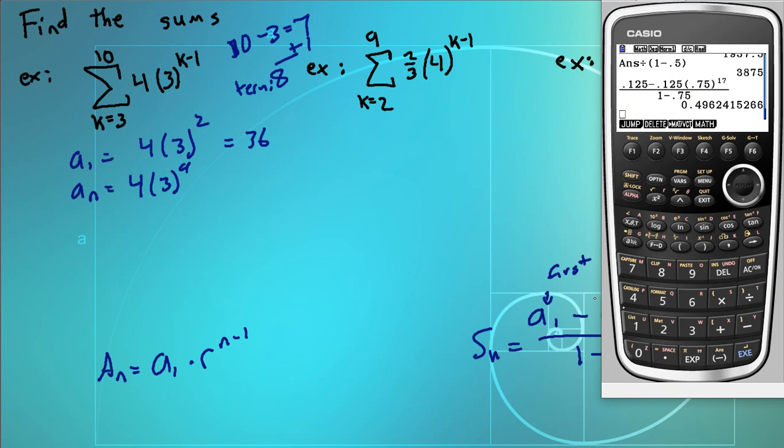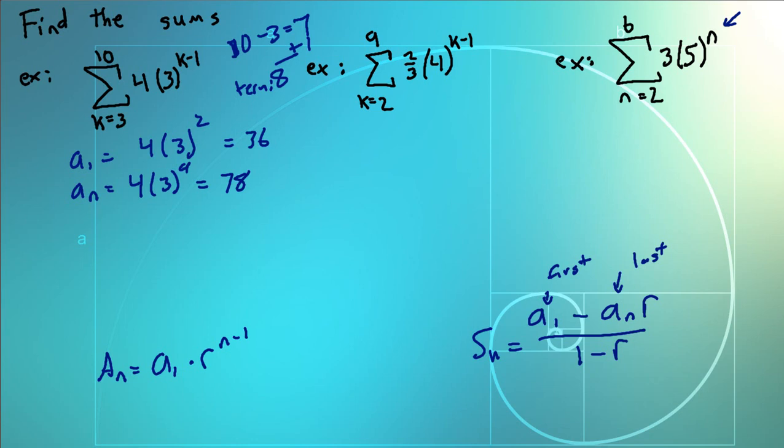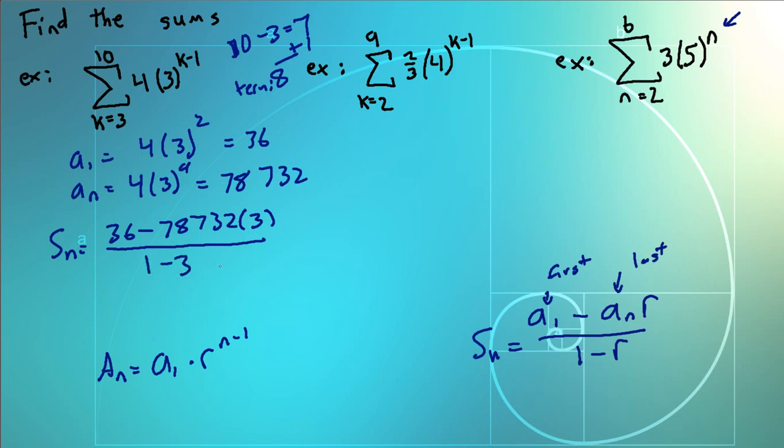So let's go to the calculator. 4, 3 to the 9th. And that is 78,732. So if I want my sum, I can do 36 minus 78,732 times our ratio, which is 3, all over 1 minus 3.